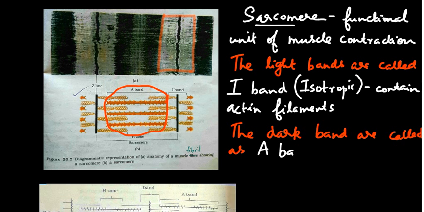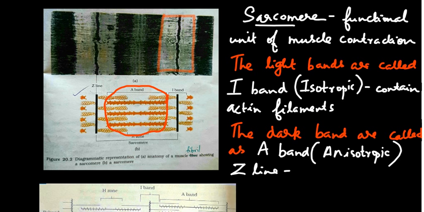And why are they called A band? A stands for anisotropic bands. The dark band is due to the myosin filaments.